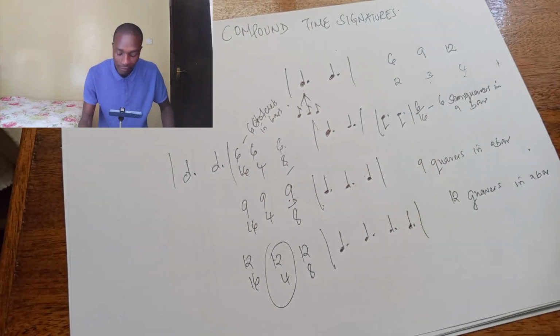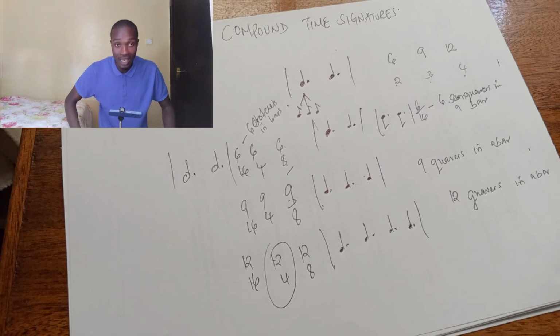So in short, if the upper value is 6, the number of dotted beats will be 2. If the upper value is 9, the number of dotted beats will be 3. If the upper value is 12, the number of dotted beats will be 4. So in short, whether it be simple or compound, the beats themselves can be either 2, 3, or 4.